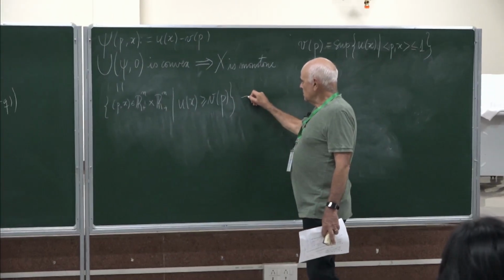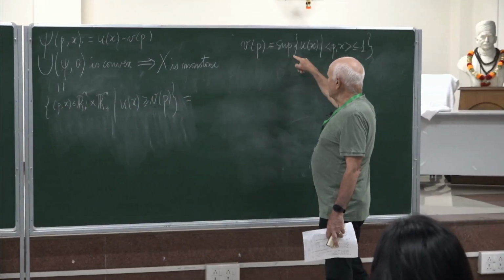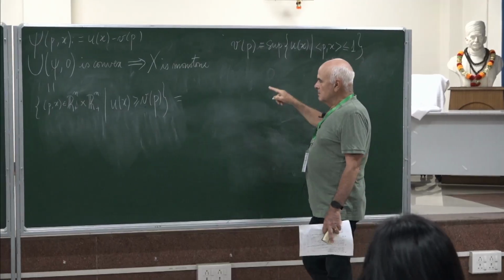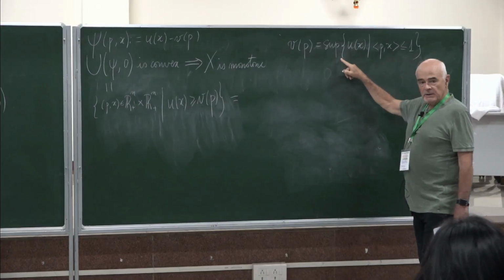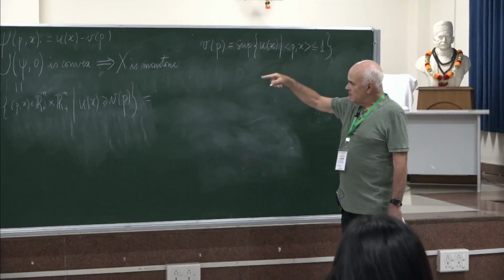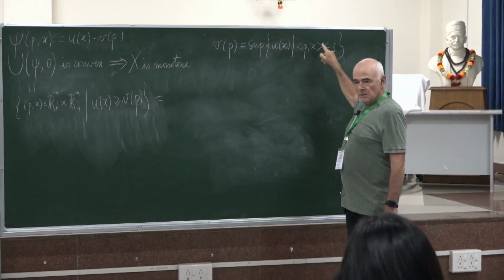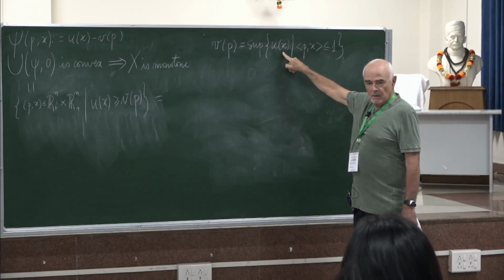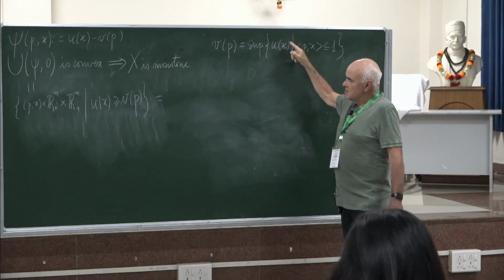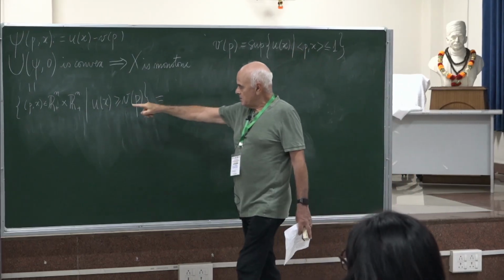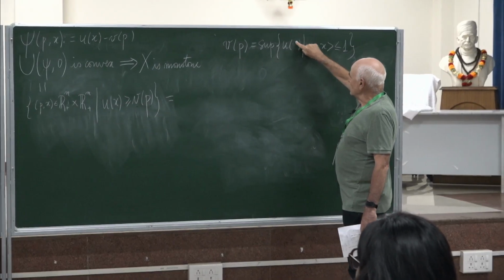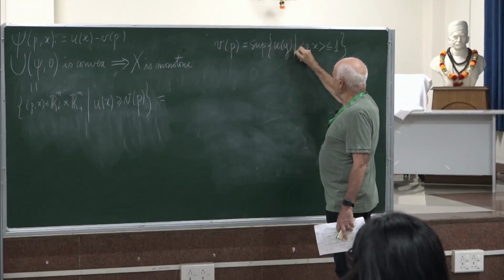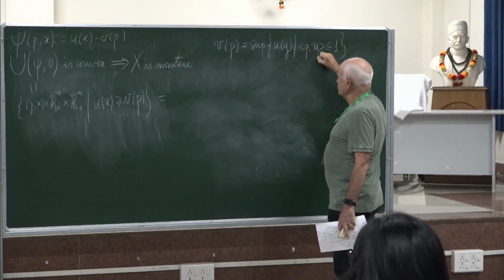So, if you replace v of p with this definition here, of course, u of x being greater than or equal to the supremum means u of x is greater than all these numbers. It's better to change the notation here because x is already used. So let's write y instead of x.